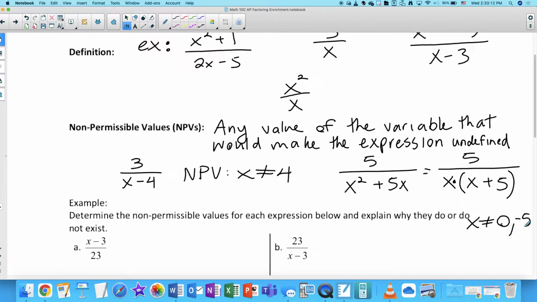But each factor has the potential to create a new non-permissible value. And so when we are working with rational expressions, one of the expectations is that you are stating the non-permissible values as you go through your work. Now, before we get into this, I want to talk about this too, because it's interesting. Let's go on to the next page.